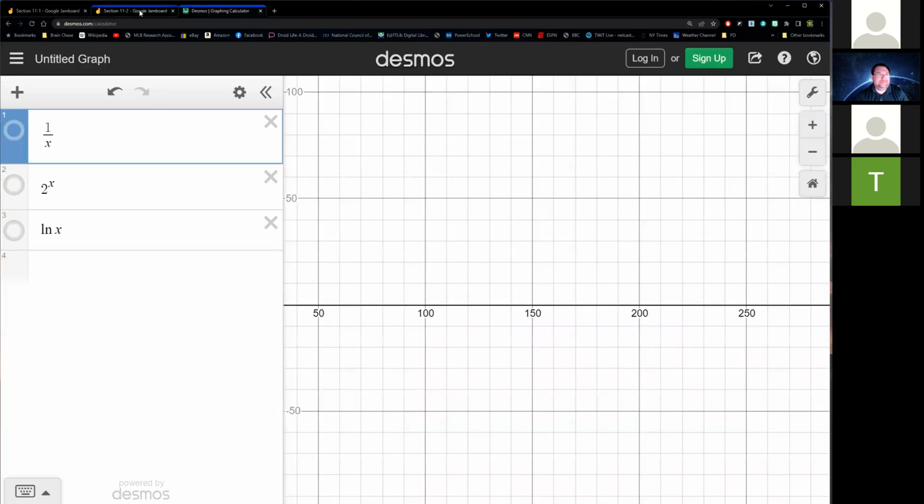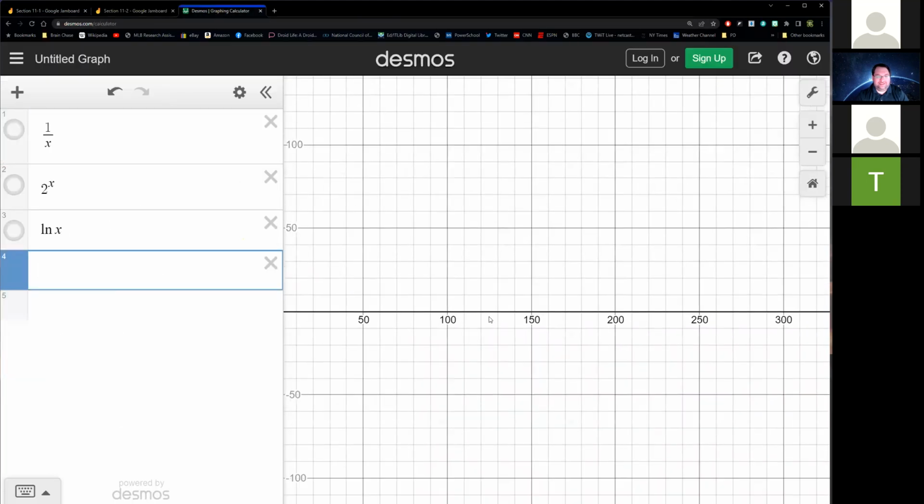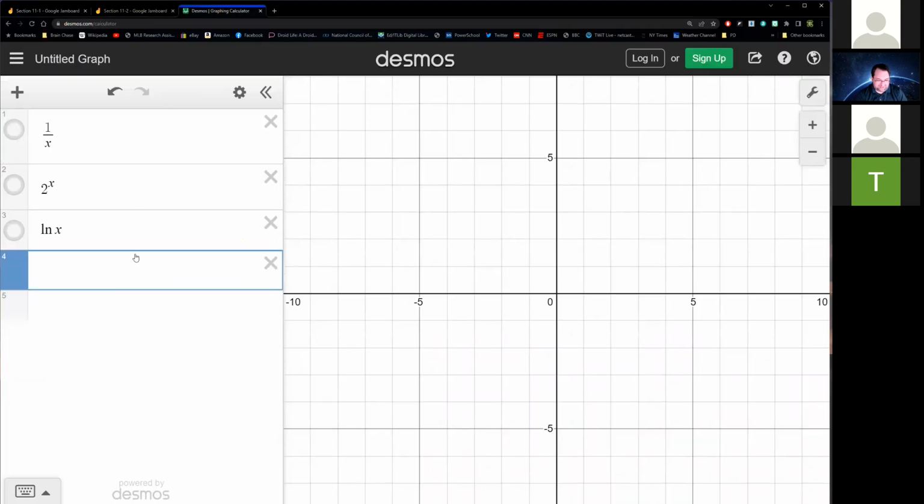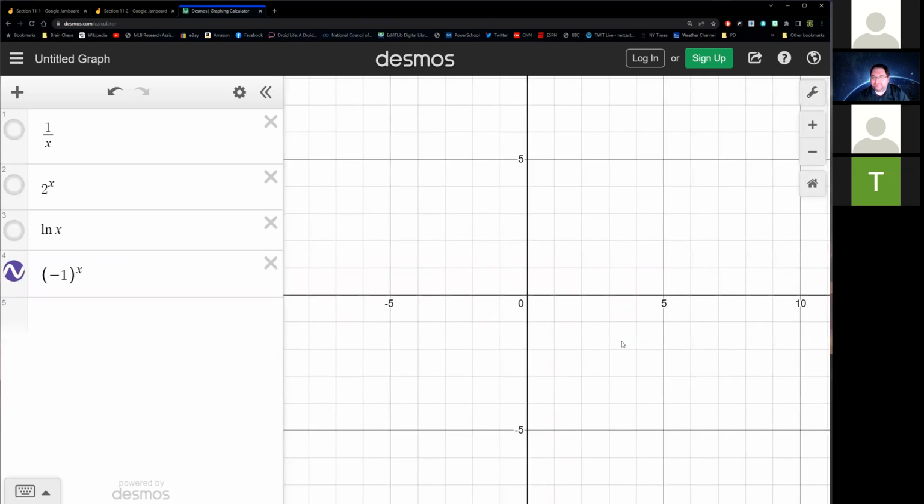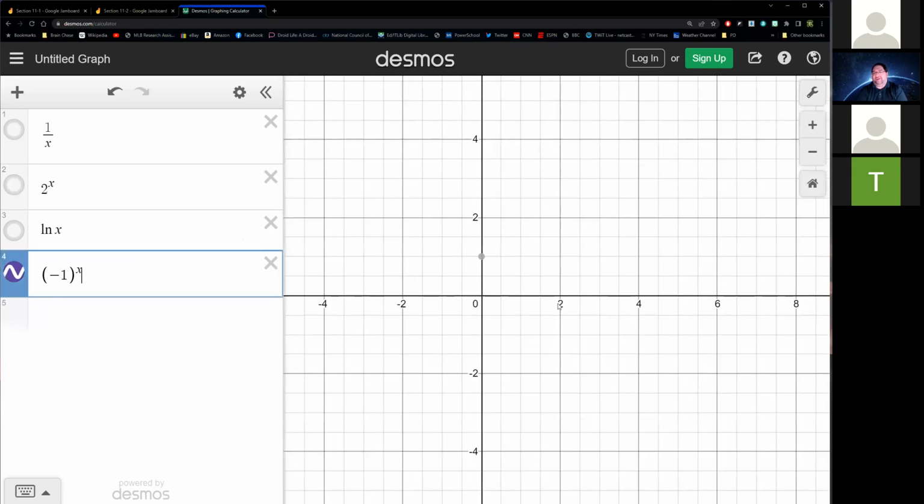Actually, this one. So let's look at this sequence, -1 to the x power. Notice there's no graph here.